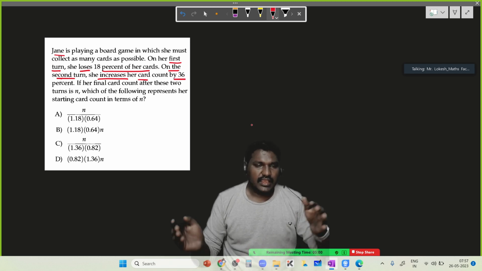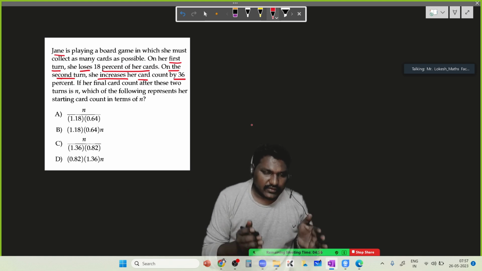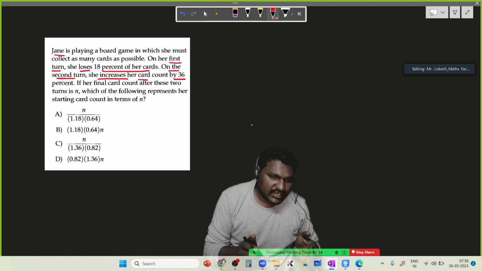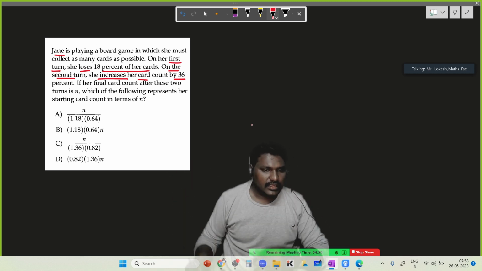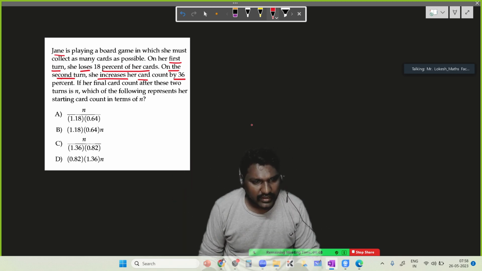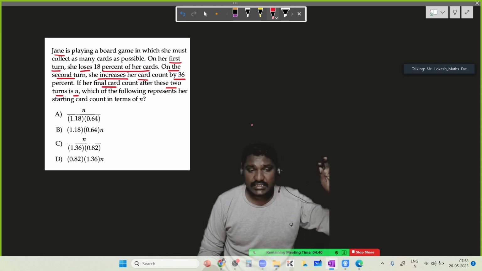That means from the value after the first round, she increased her card count by 36% more. Increased means more. If her final card count after these two turns is n, which of the following represents her starting card count in terms of n?